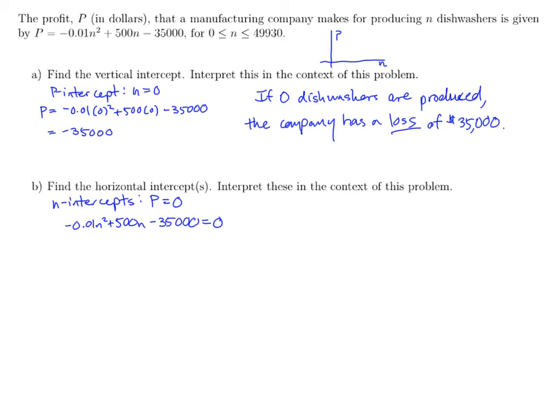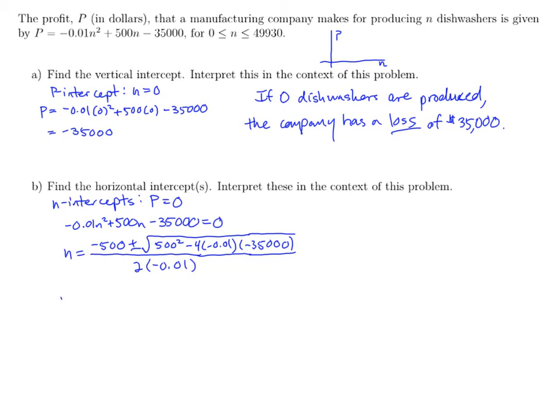So from there, we can then determine that N will be the opposite of B, so the opposite of that coefficient on N in that original equation, so negative 500 plus or minus, and now we need the square root of B squared, which will be 500 squared. And still inside the square root, we're going to have minus 4ac, so minus 4 times negative 0.01 times negative 35,000. And that's all divided by 2a, which is 2 times negative 0.01.